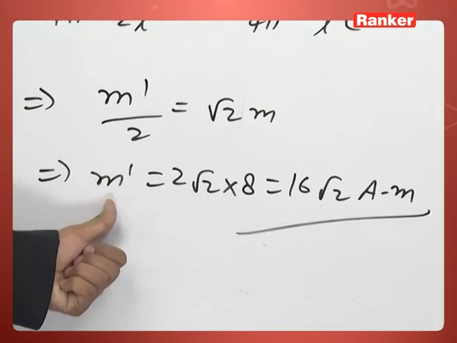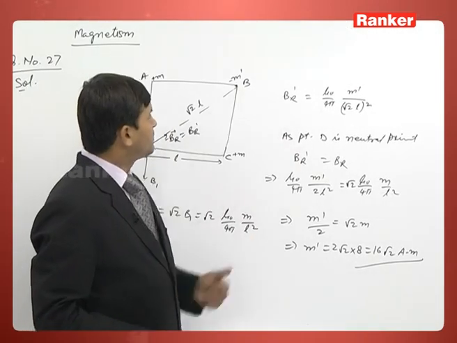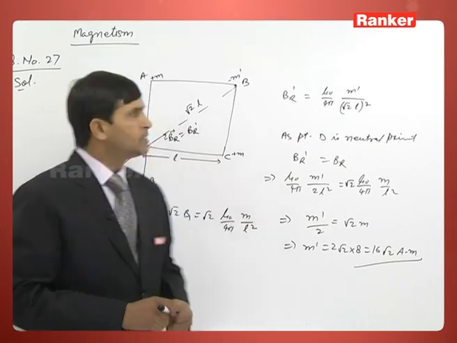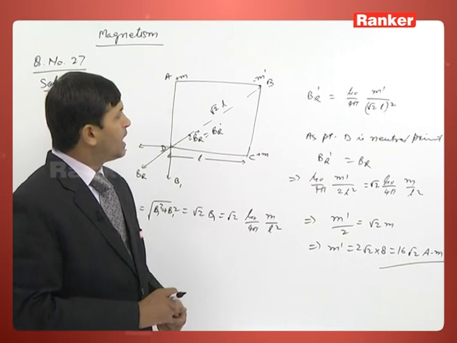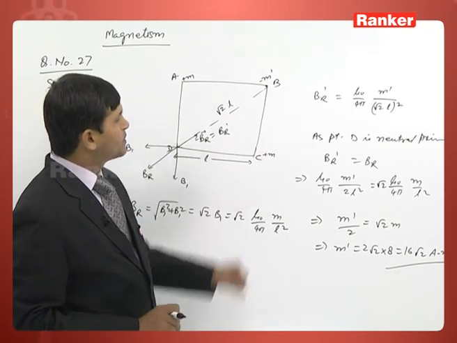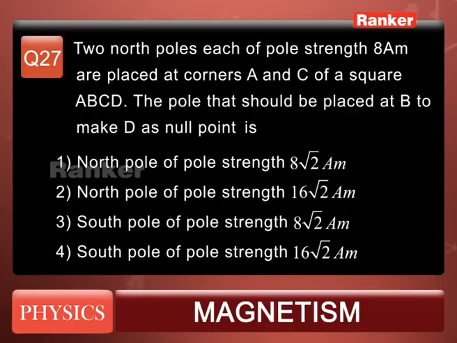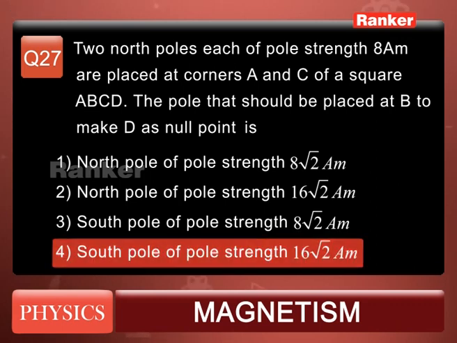So the pole strength of the pole kept at B should be 16 root 2 ampere meter and that pole must be a south pole. So our correct option is option number 4, a south pole of pole strength 16√2 ampere meter.